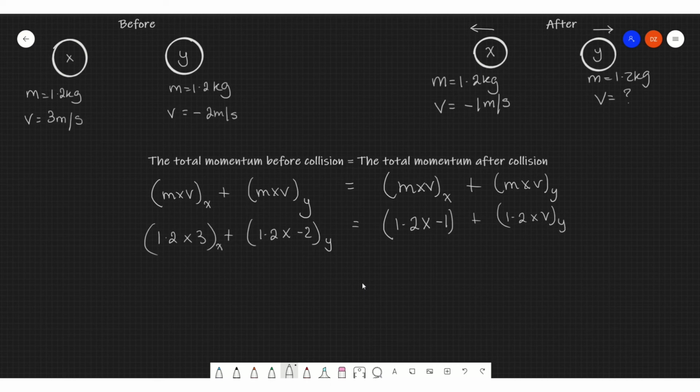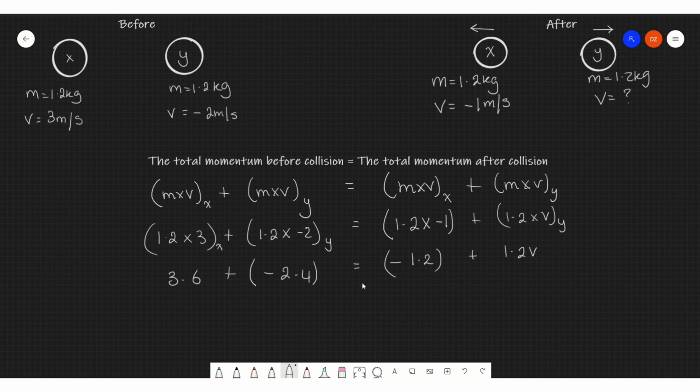We work out each individual bracket, and we get 1.2 times 3 is equal to 3.6, plus, I'm going to leave this in a bracket, you're going to see why really soon, 1.2 times negative 2, that is actually negative 2.4, 1.2 times negative 1, that is negative 1.2, and 1.2 times v, that is 1.2v.